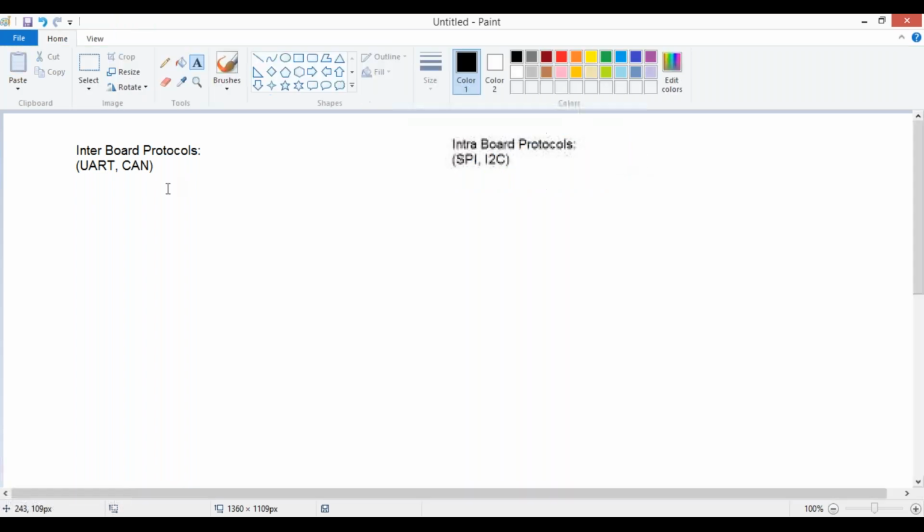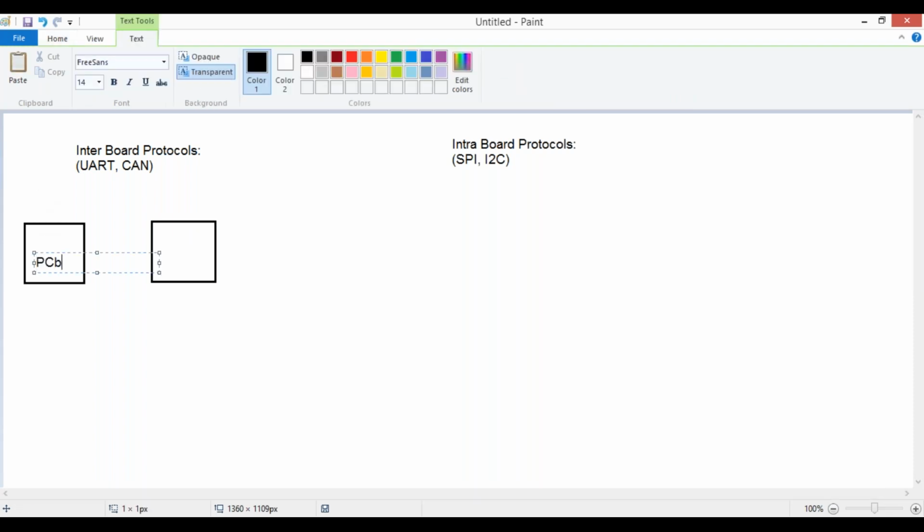What do you mean by interboard, and what do you mean by intra-board protocol? Let's talk about the interboard protocol first. If communication is happening between two different boards by using a protocol, then it is an interboard protocol. Let's say this is my PCB1.